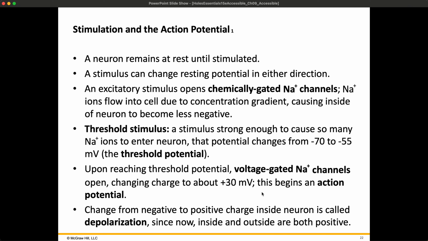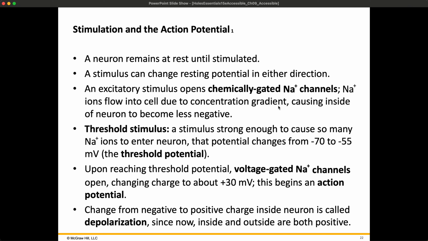The change from negative to positive inside the cell is called depolarization, since now they're both positive relative to each other. So depolarization: if something is polarized, it has a charge to it. If you're depolarizing it, you're removing that charge. So for a neuron to transmit a signal, it first has to reach threshold, right?